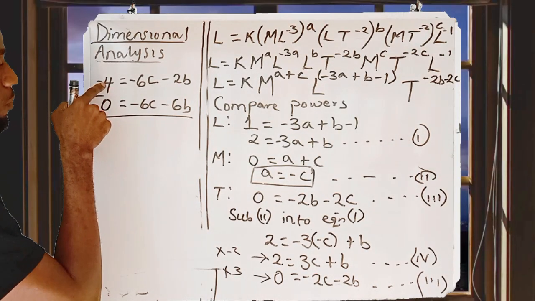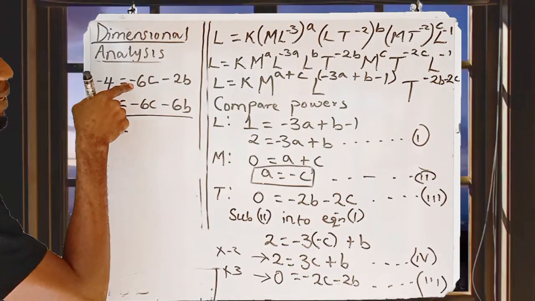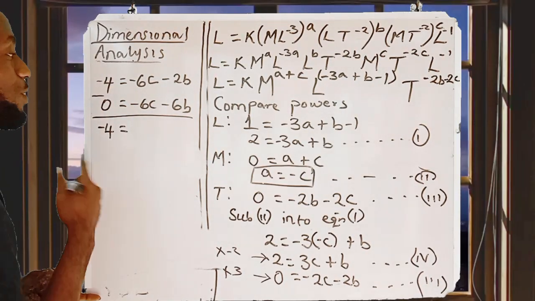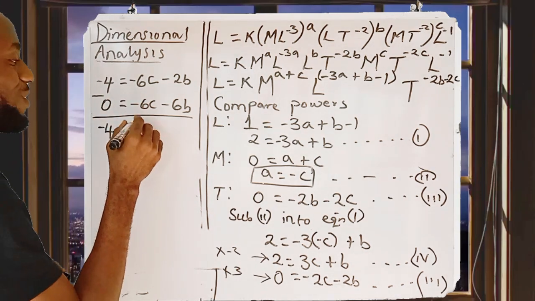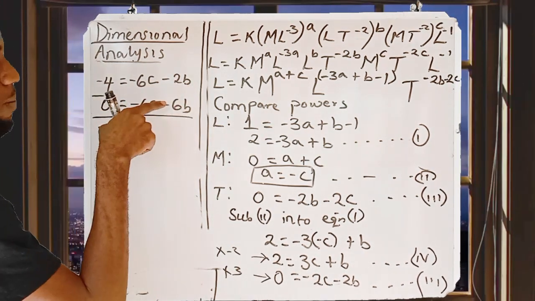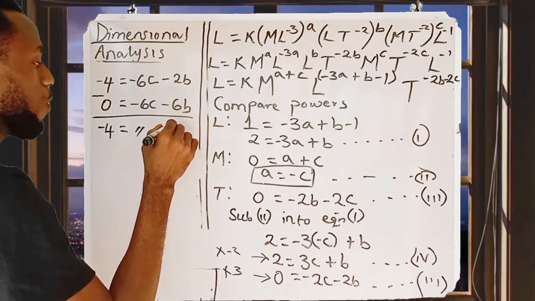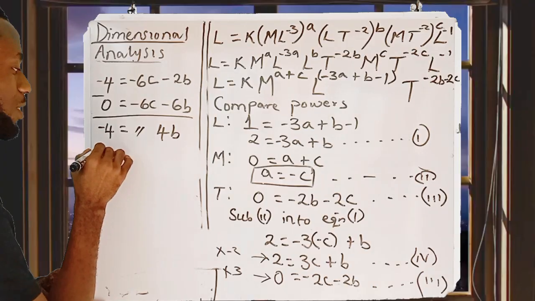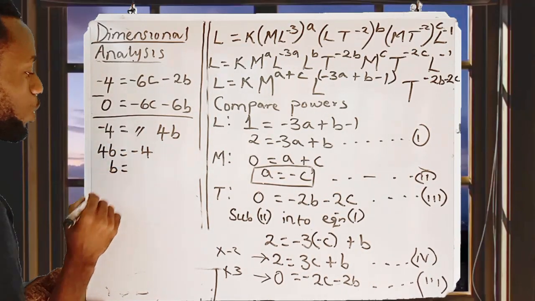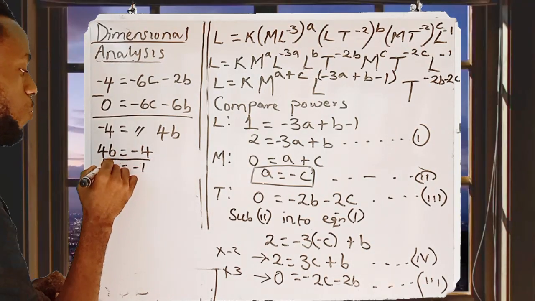So minus 4 minus 0 is still minus 4. Minus 6c minus minus 6c is minus 6 plus 6, giving us 0. So c is out. And then minus 2 minus minus 6 becomes minus 2 plus 6, giving us 4b. So 4b is equal to minus 4, meaning that b becomes minus 4 over 4, which is minus 1.